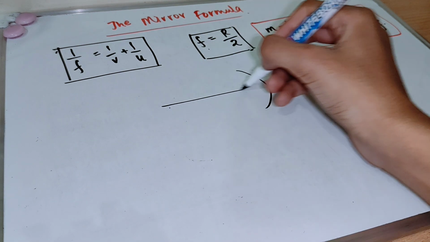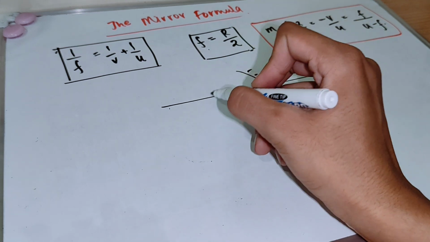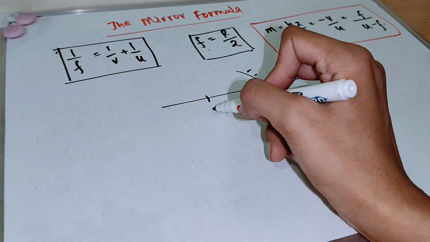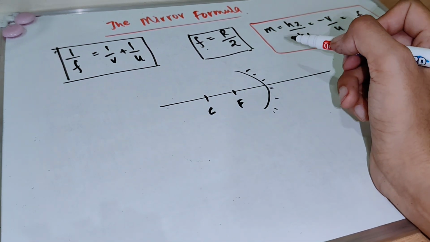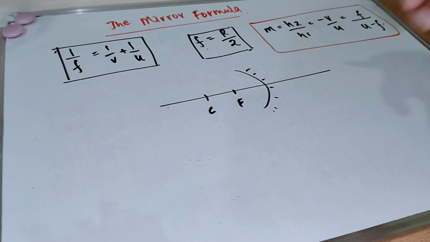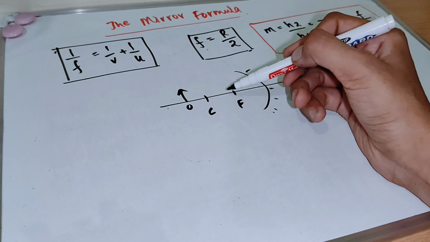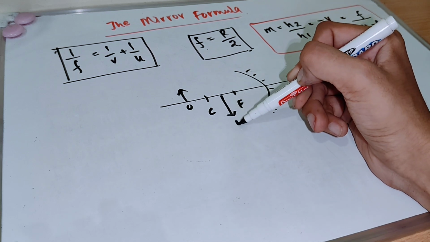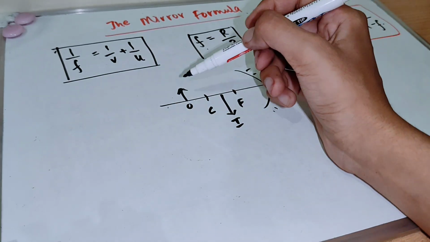Let's say I have a concave mirror over here, and this is the center of curvature. Right in the middle is the focus. So if I place an object over here, I know that its image will form over here, right?